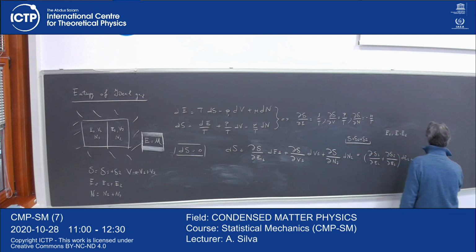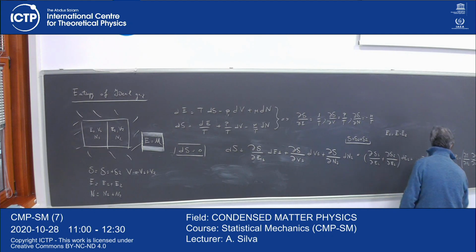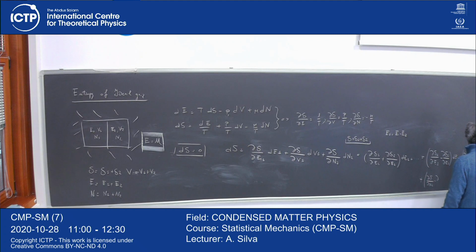And overall, I get that this is equal to dS1/dE1 minus dS2/dE2 times dE1, plus dS1/dV1 minus dS2/dV2 times dV1, plus dS1/dN1 minus dS2/dN2 times dN1. Okay?